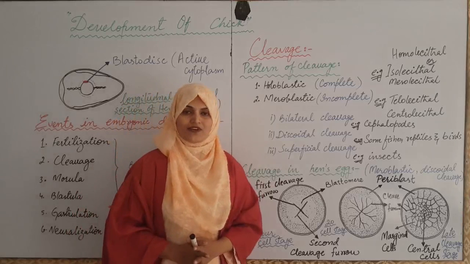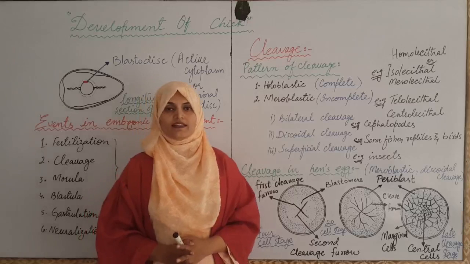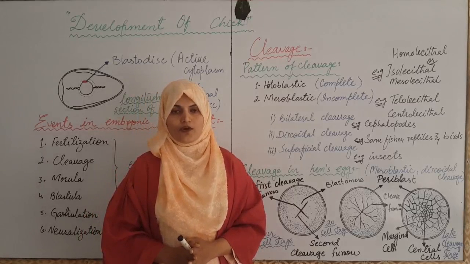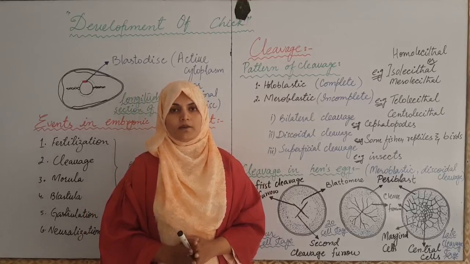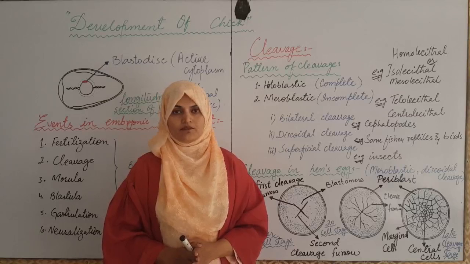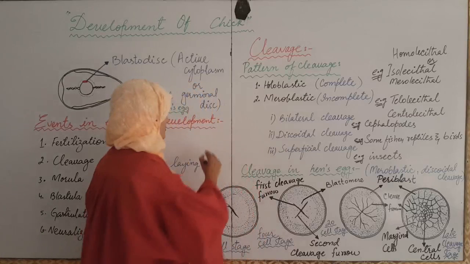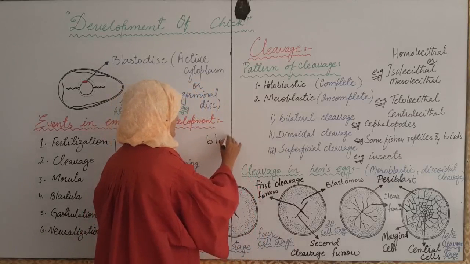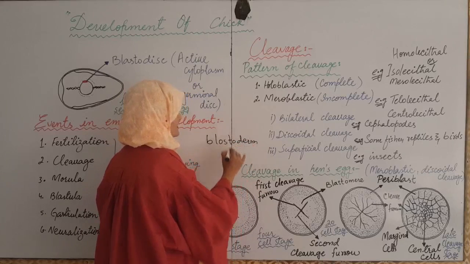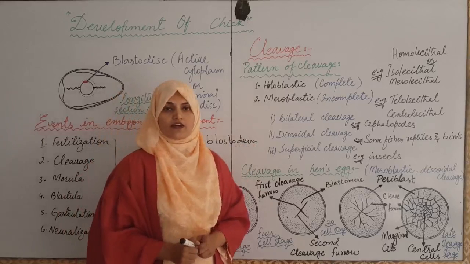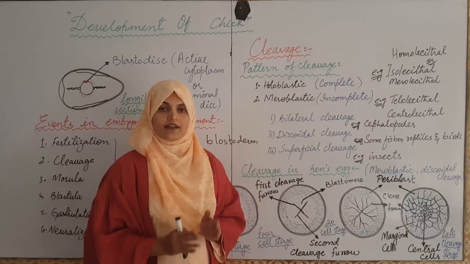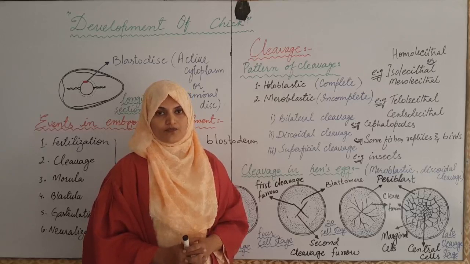While the remaining cleavage is irregular, as a result of which delimited cells are formed and are termed as blastoderm. Meaning blastoderm is formed as a result of the irregular pattern of cleavage, and a number of blastomeres are formed.